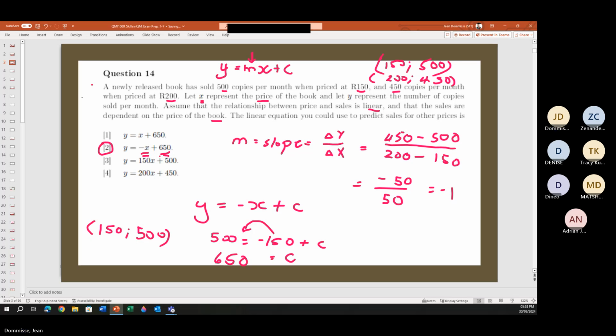So we basically could work out the slope of the straight line with those two points. Already with that, we could have identified the option that you could pick.